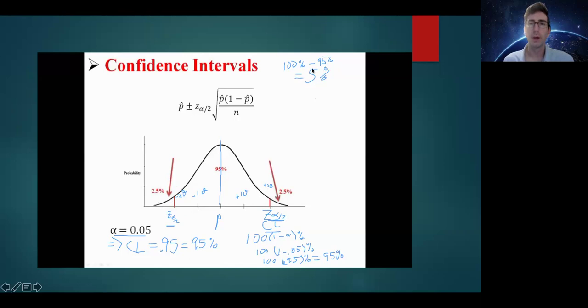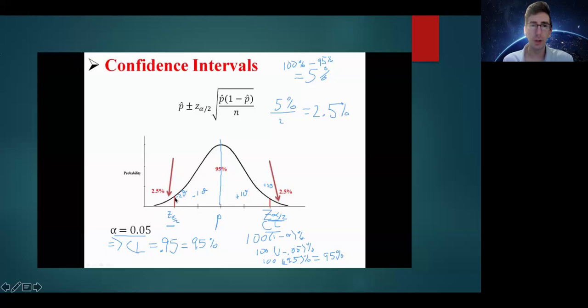If we've got 95% on the inside, we've got 5% left over. So we divide that by 2, and that means we've got 2.5% left above outside of our interval, right, that we're constructing, and 2.5% below our interval.